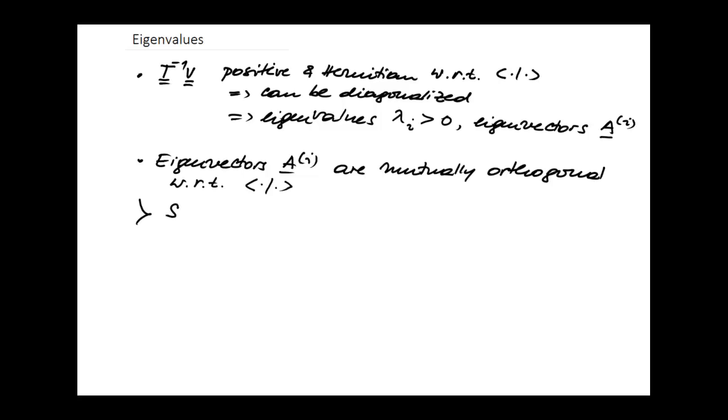With the help of the eigenvalues and the eigenvectors, we can write this product of matrices in the spectral representation.